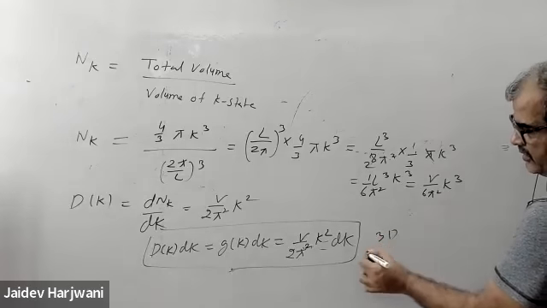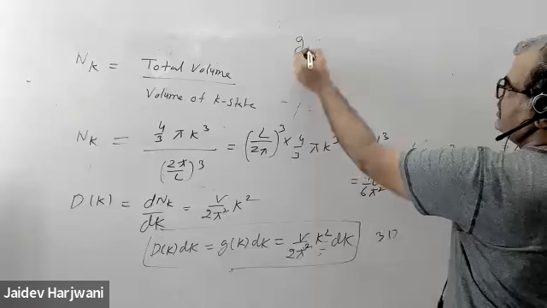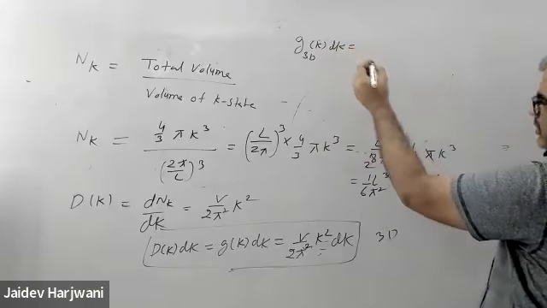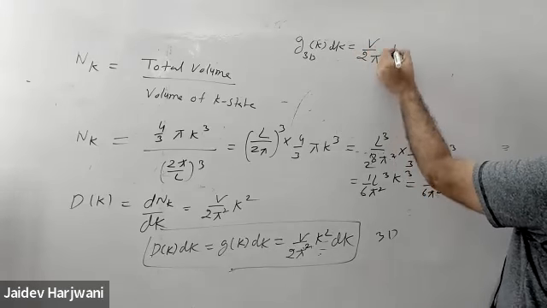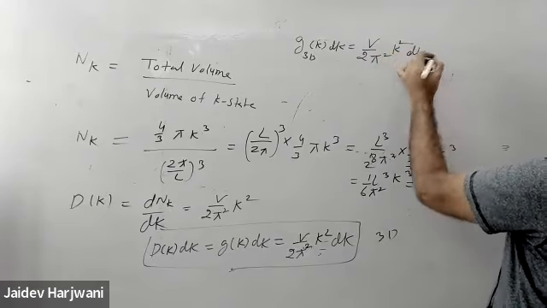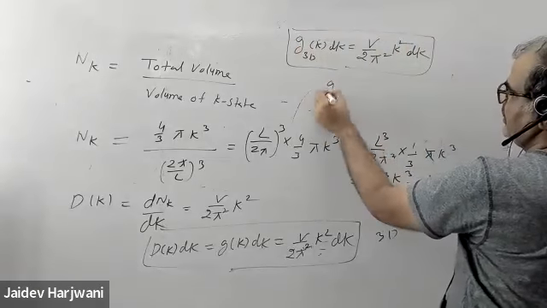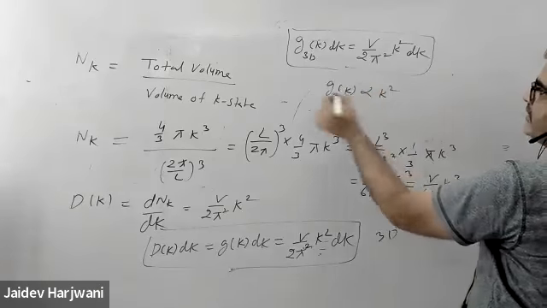This is the expression, a very important expression. So you can remember it like this: g(k) in 3D is equal to V upon 2π² k² dk. So your g(k) in 3D is proportional to k².